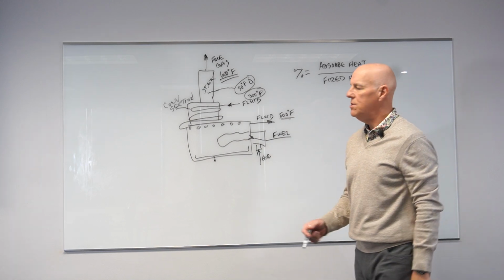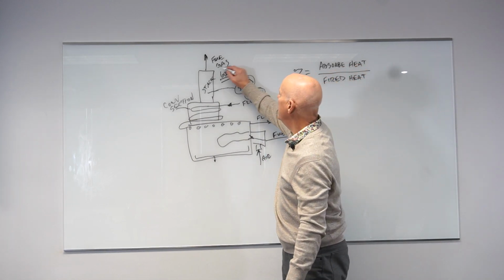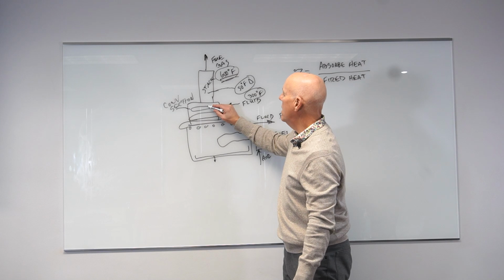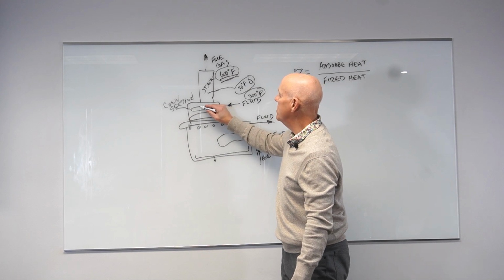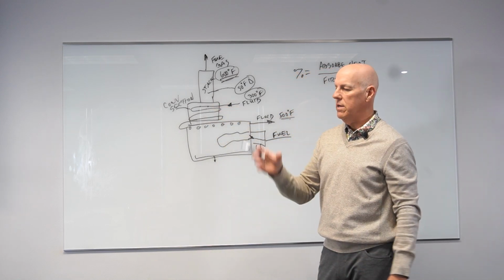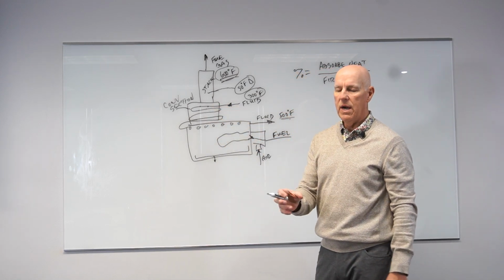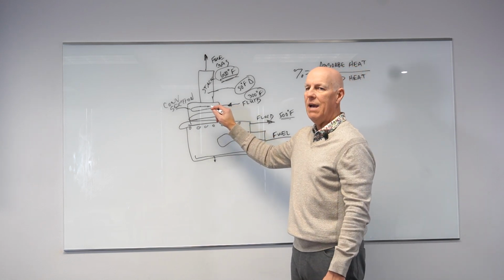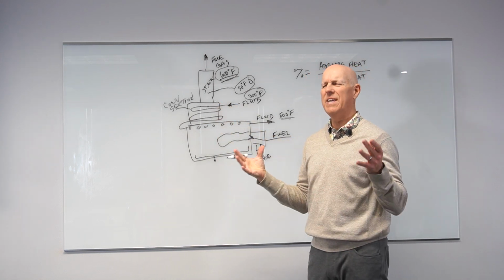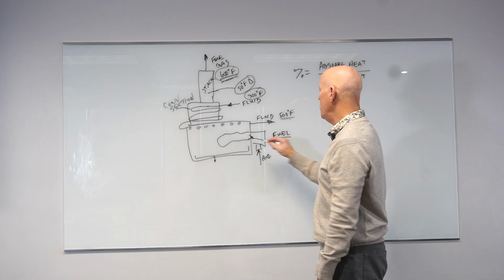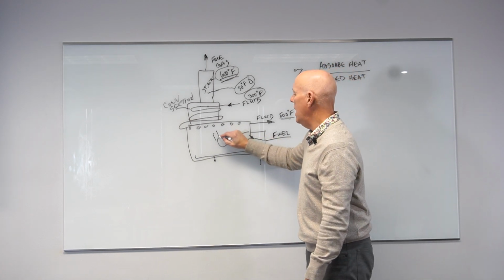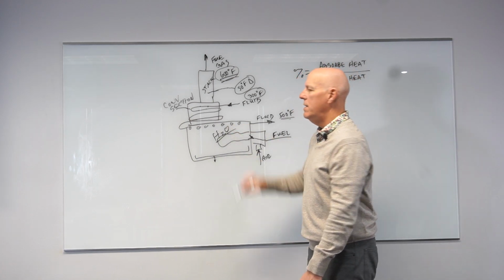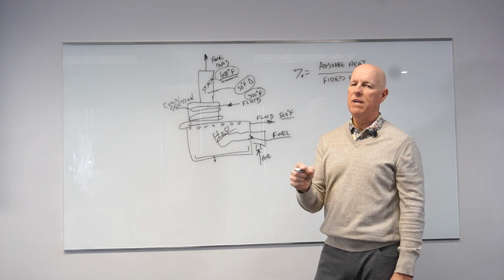The other thing is if I get too low here, I start having condensation on these tubes. Think of a can of Coke that's cold, the condensation that forms on the can of Coke. The same thing can happen on this hot tube. You're thinking, how is that possible? Well, when you burn fuel, you make a lot of water, not in liquid form, but in vapor form.